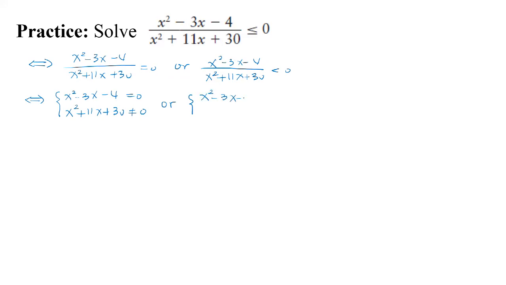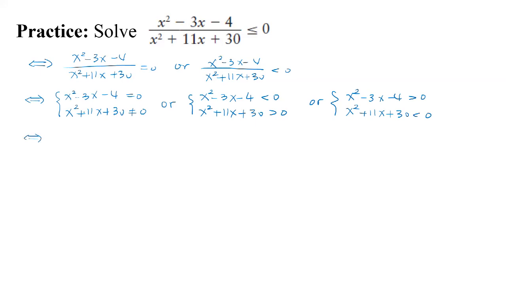So first of all, we can have the numerator less than 0 and the denominator greater than 0, or the numerator is greater than 0 and at the same time the denominator is less than 0, right?